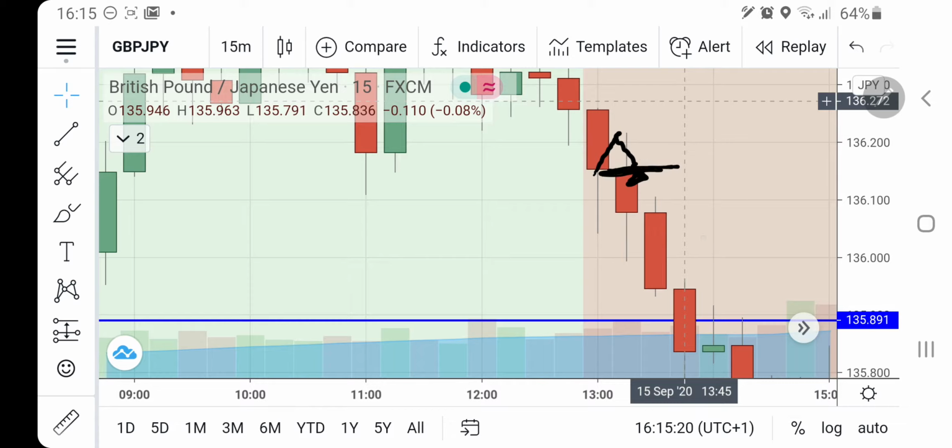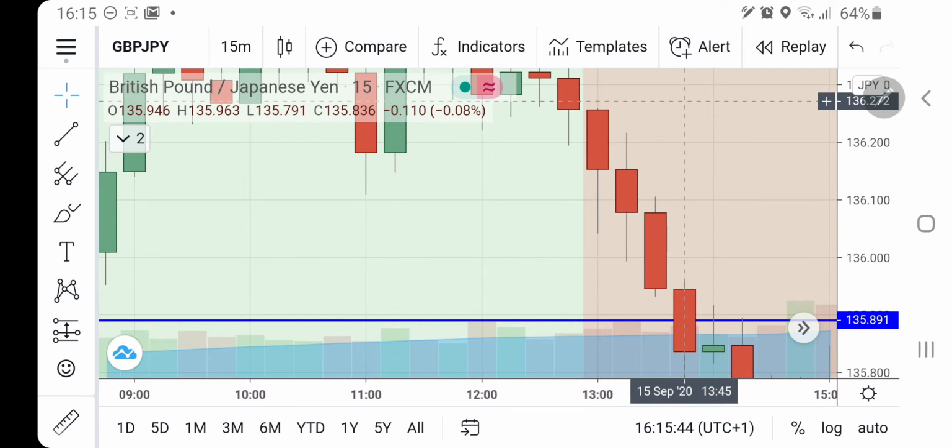And I took my stop, this one was just around here, because you gotta remember I still have a runner running. So I took like 12 pips in here or something like that. It was another amazing trade.